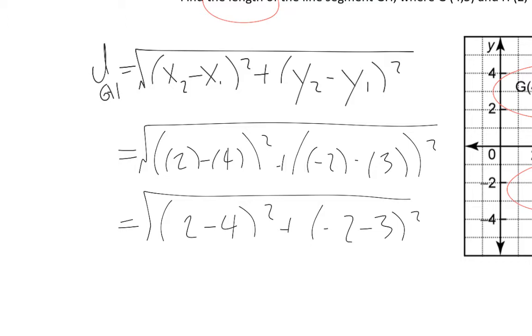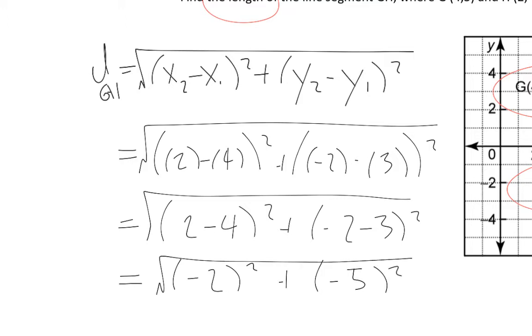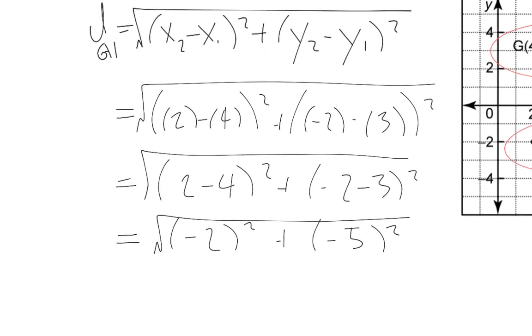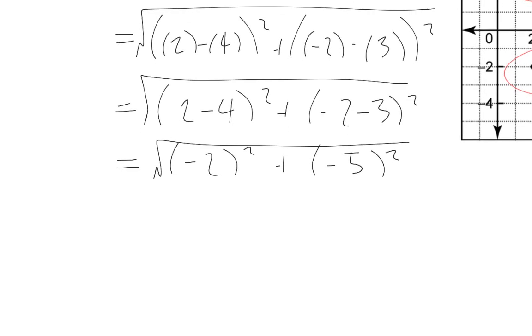Once I've cleaned up my brackets and signs, I can go ahead and simplify some of these numbers. We're going to square both of these numbers right now. And we're going to simplify everything that's under the square root.